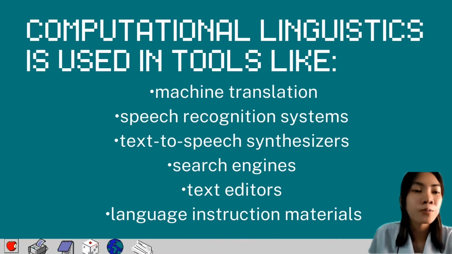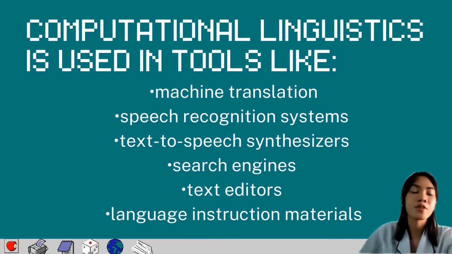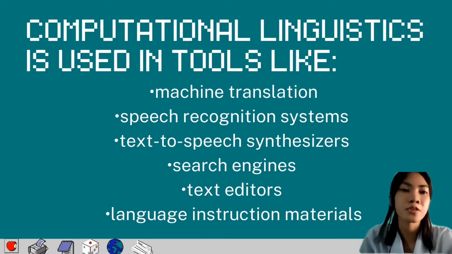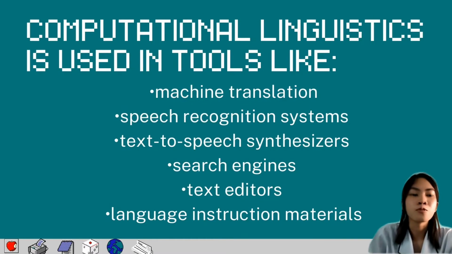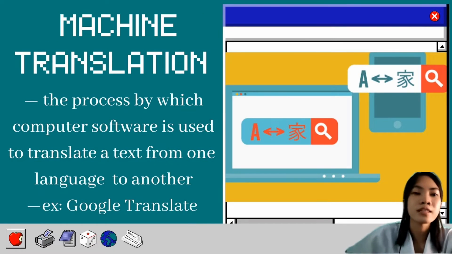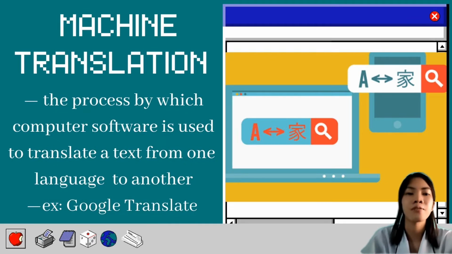So, computational linguistics is used in tools like machine translation, speech recognition systems, text-to-speech synthesizers, search engines, text editors, and language instruction materials. So, machine translation is the process by which computer software is used to translate a text from one language to another.